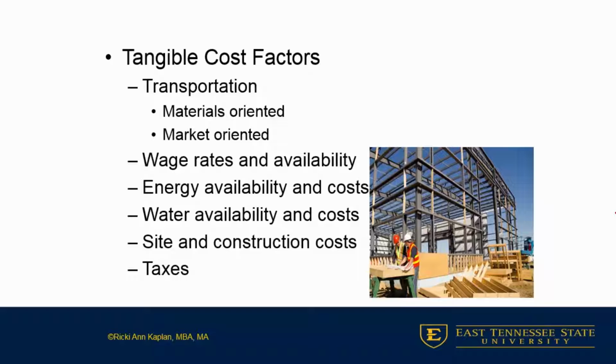Water availability, especially if you have a product that needs water. Is there water available? Are there water lines already set up? Setting up water and sewer lines is very costly. Site construction. How much is the land going to cost, and how much are the construction costs? Very, very different in different parts of the nation, so you want to take that into consideration.